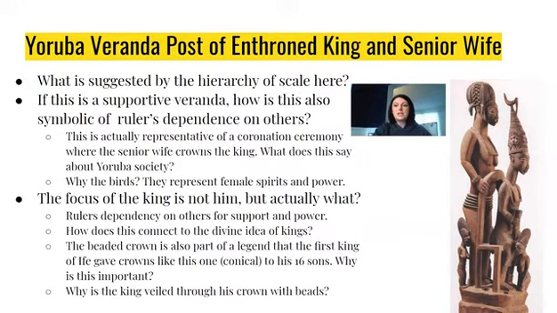So here you see that he has the crown on his head. And this is that beaded crown from a legend that the first king of Ife gave crowns like these to his sons. So basically saying that he is a descendant of one of these original kings. And you have the faces on the crown that face all of these different directions, kind of all seeing, like having to be all wise.